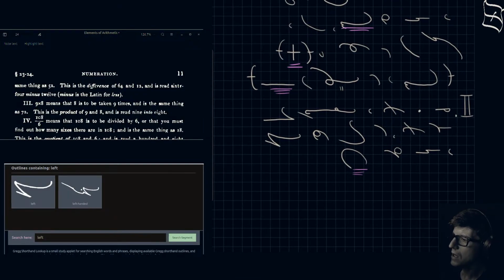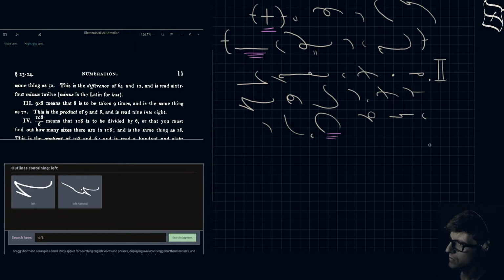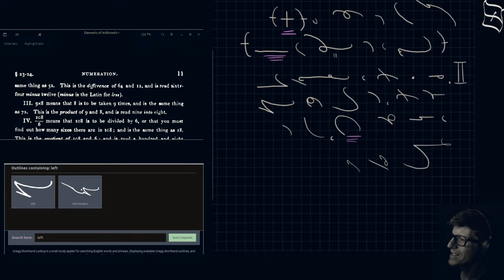Okay, and the symbol used to denote the operation. To denote, or show, works well because it really ties it in.